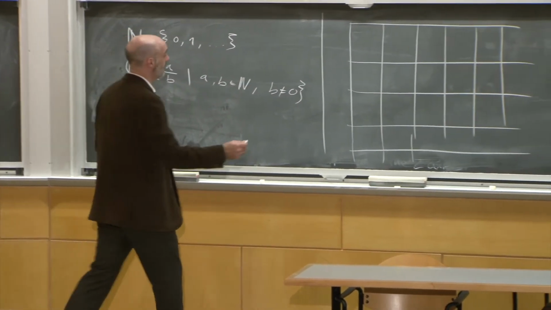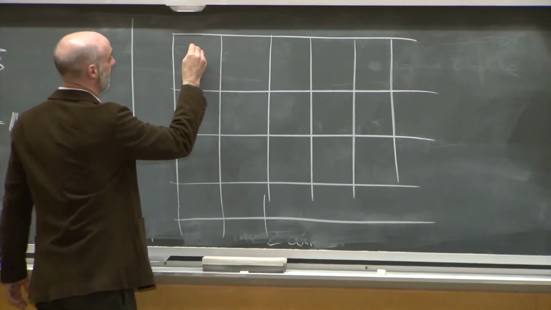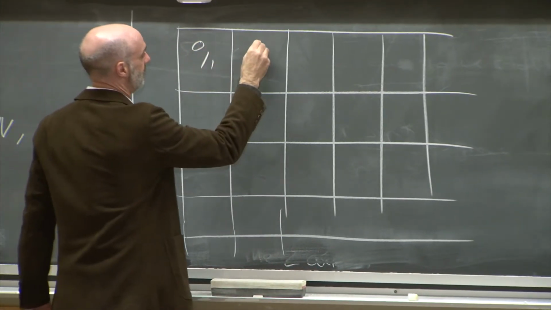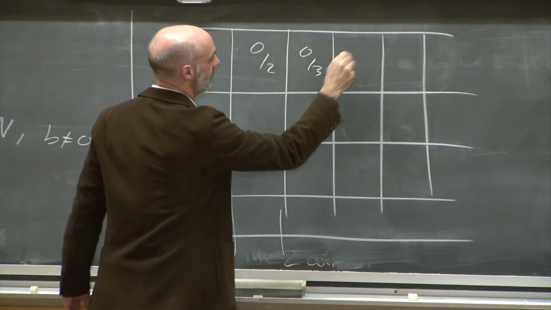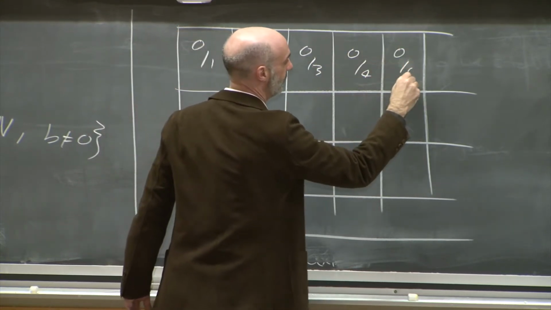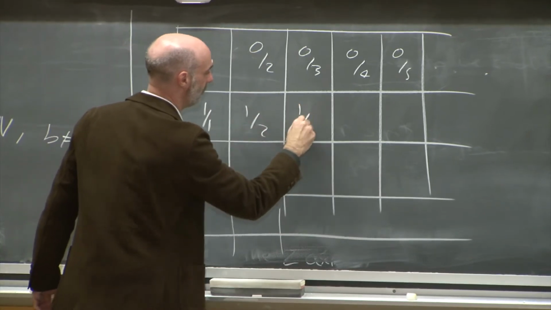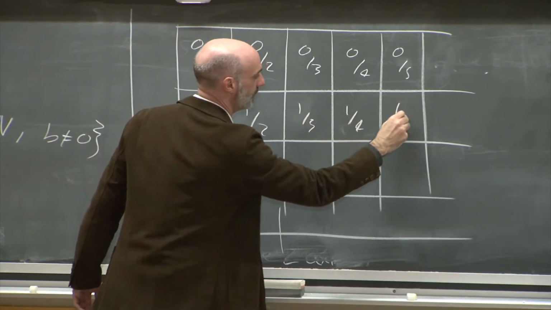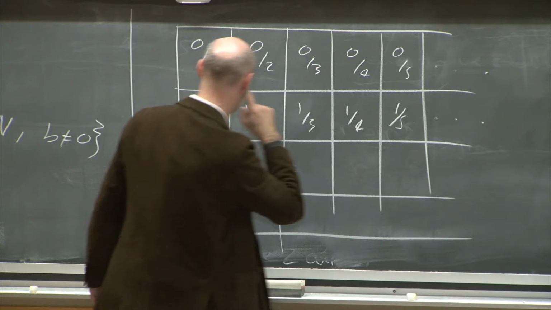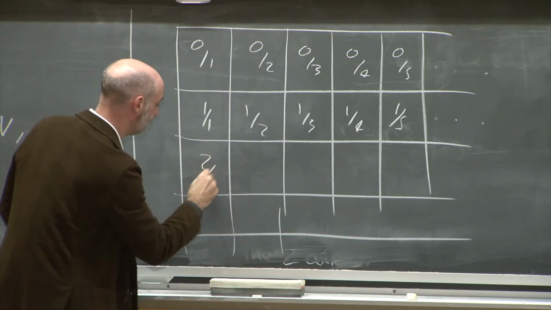We can just write 0 over 1, 0 over 2, 0 over 3, 0 over 4, and so forth. And then 1 over 1, 1 over 2, 1 over 3, and so forth. And we just keep going.